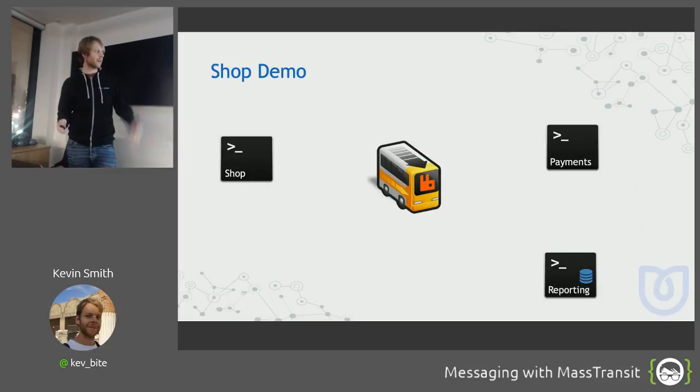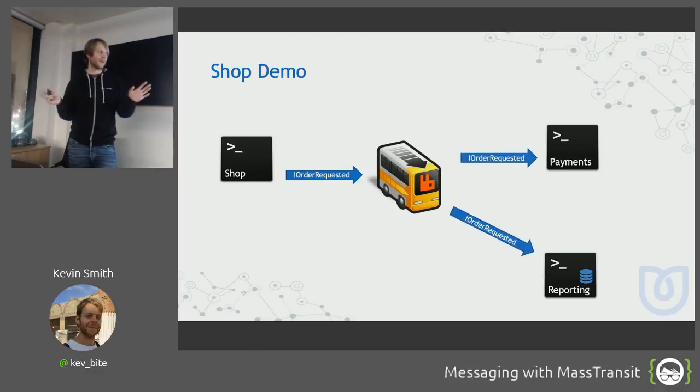So these are the scenarios we're going to cover. We're going to build an order from inside the shop, and then we're going to send an order requested message off onto MassTransit. MassTransit will then forward the order request messages onto the payment service and the reporting service. The payment will succeed.